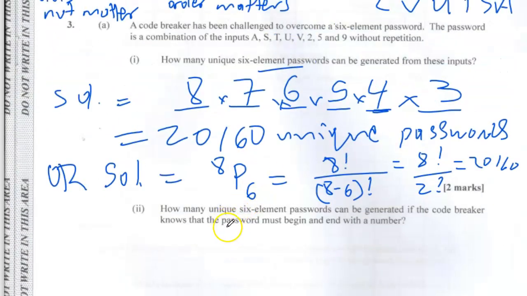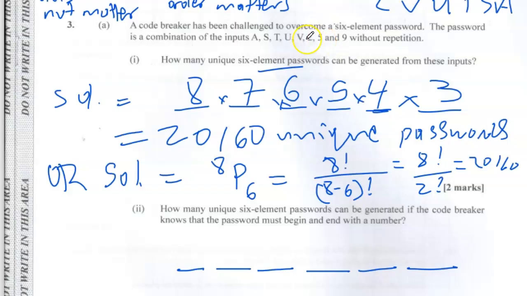Next, part 2. How many unique 6-element passwords can be generated if the code breaker knows that the password must begin and end with a number? So again, the password must have 6 characters, 1, 2, 3, 4, 5, 6.